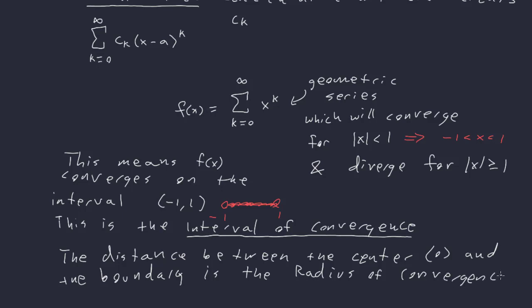Now it may seem weird to call this the radius of convergence when we're not really talking about a circle, but the thing to understand here is a lot of results for series are done in, imagine a two-dimensional space, and instead of convergence being on just a line, it will actually be on a circle.